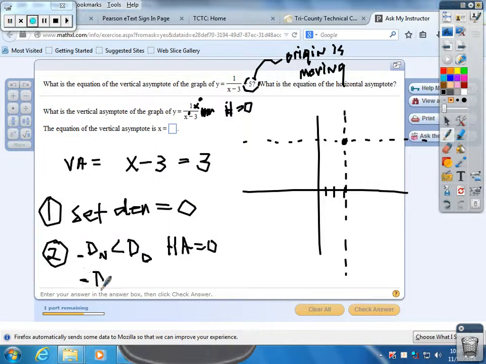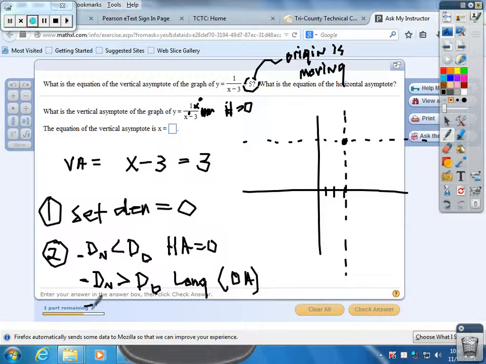If the degree of the numerator is greater than the degree of the denominator, then you use long division. And chances are you're going to have an oblique asymptote, most of the time.